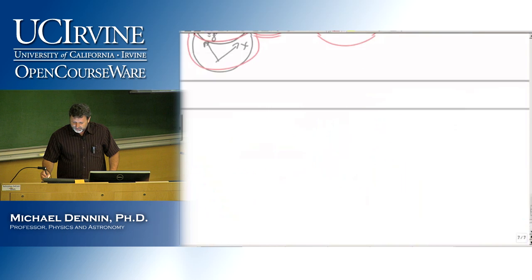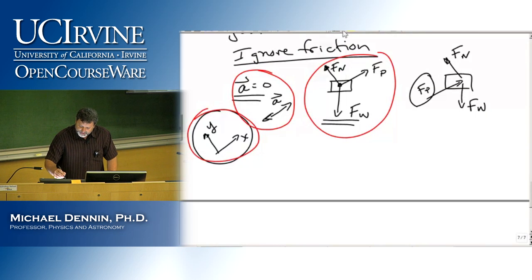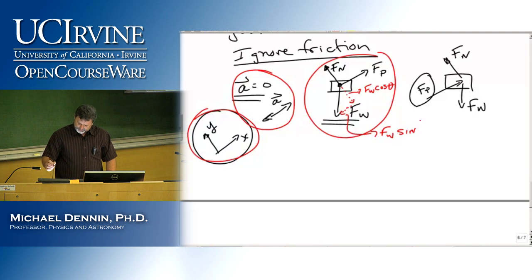And then, once you have this picture, you can just go and write down your equations in the 2 directions. In this case, we will have to break gravity into our 2 components. So we will have Fw cosine theta there, and Fw sine theta there.